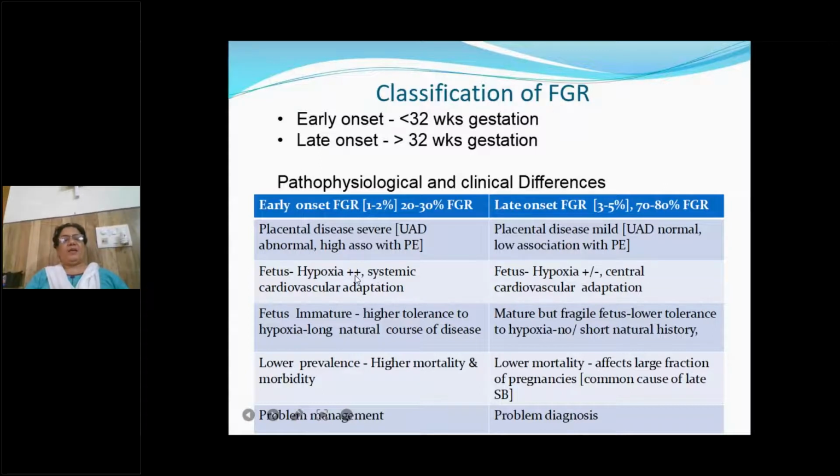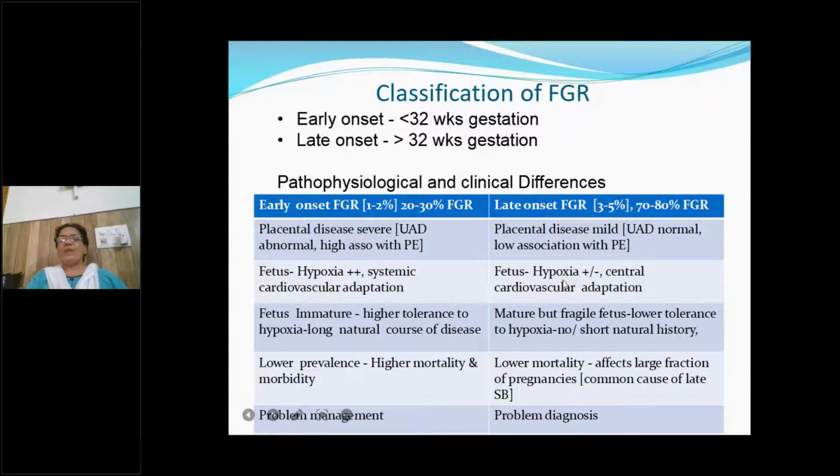In case of early onset, the fetus has significant hypoxia, which results in systemic cardiovascular adaptation. Whereas in late onset, because it's a milder disease, fetal hypoxia may or may not be present. And what we see in clinical practice is only the centralization of blood flow, that is the central cardiovascular adaptation.